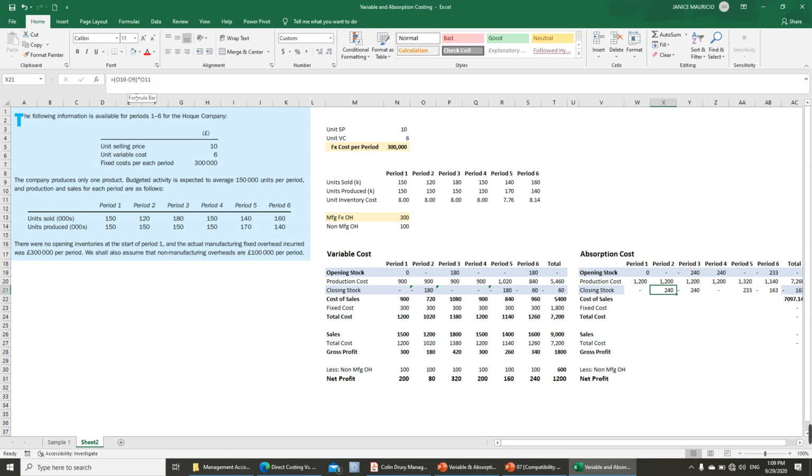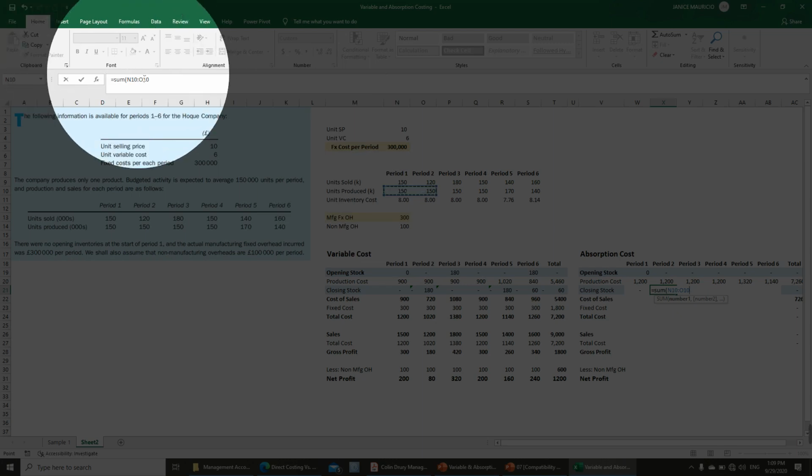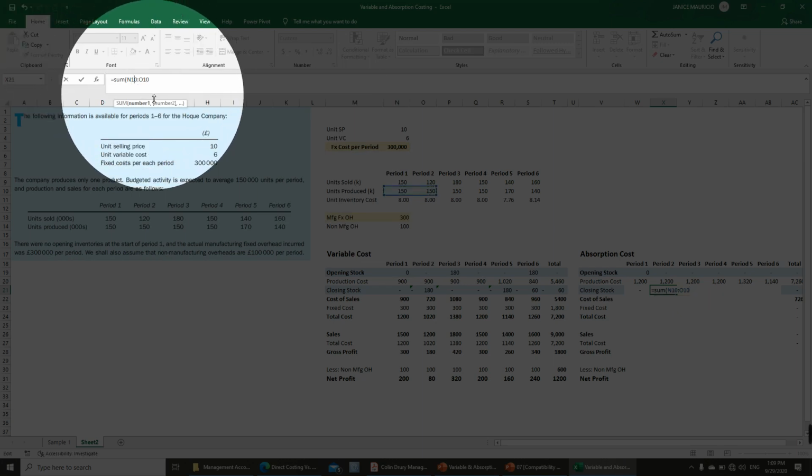Tapos, dito kasi, sa period 2, wag mo na pala nating i-copy, it should be sum of the units produced, and then, again, i-fix natin yung formula dito para pwede nating i-copy yung formula to the left or to the right, okay?